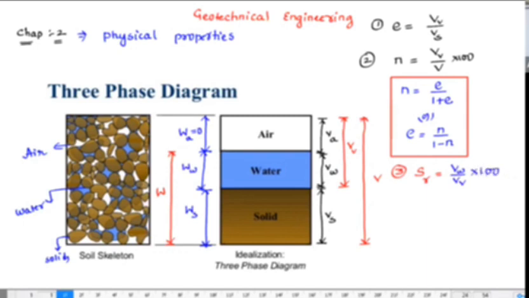And how much air is present in the voids, which is VA by VV, that is the air content, VA by VV into 100. Now what is the relation between Sr and AC? Sr plus AC is equal to 100%. So always the summation of degree of saturation plus air content is going to be 100%.